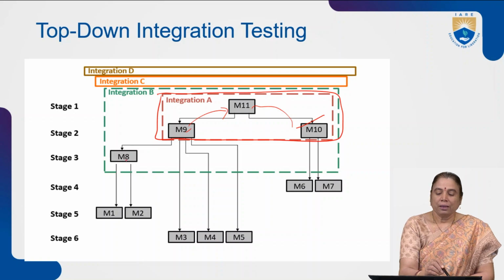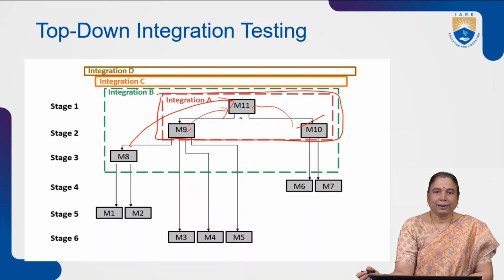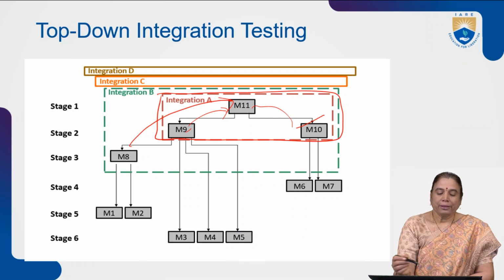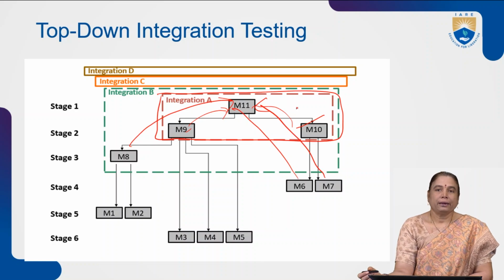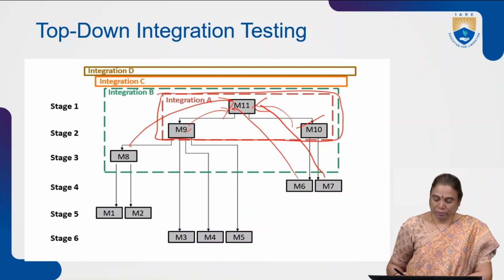In the next stage, module 8 is added to this integrated component and the bugs are verified. At the next level, the next low-level components, M6 and M7, are considered, and the integrated components are checked. Like this, the high-level modules are tested against the low-level modules.